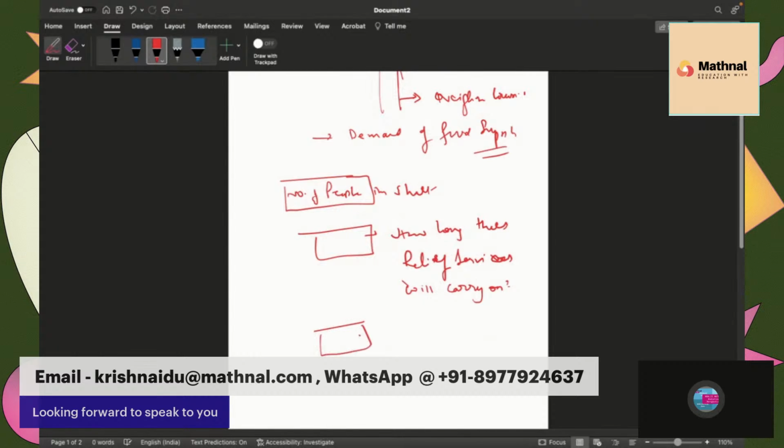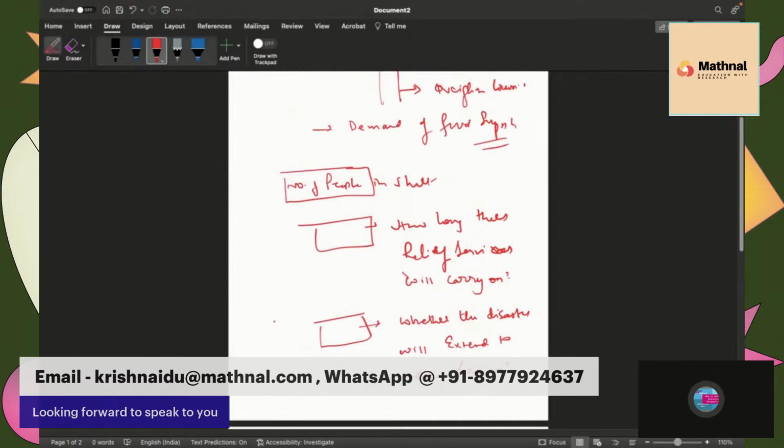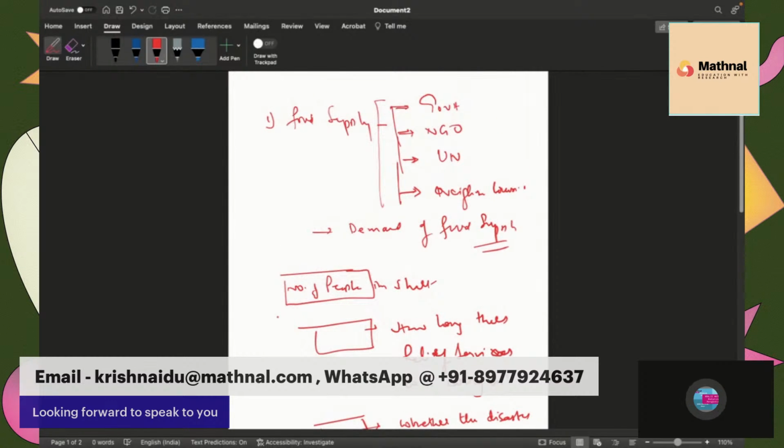Here we need to work on a hub and spoke model, where the hub will collect the supply, food supply, and distribute to the relief centers and other centers.